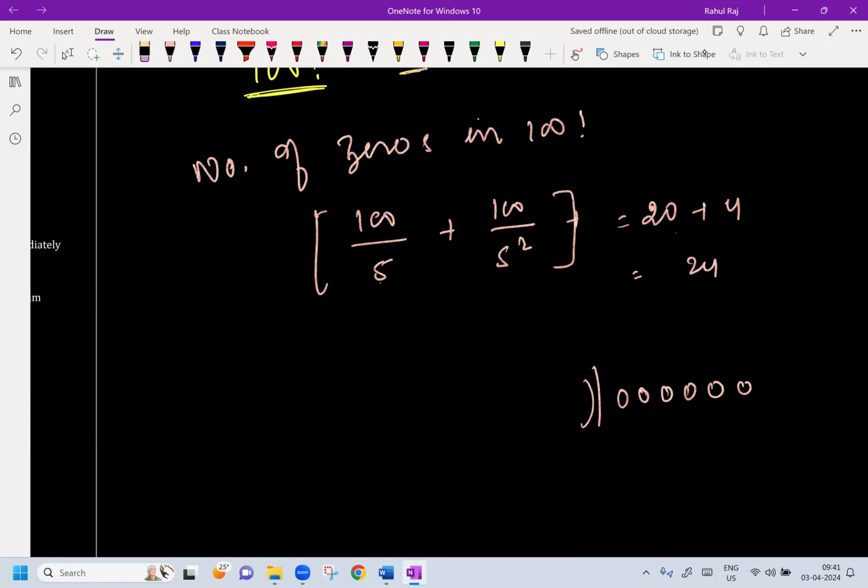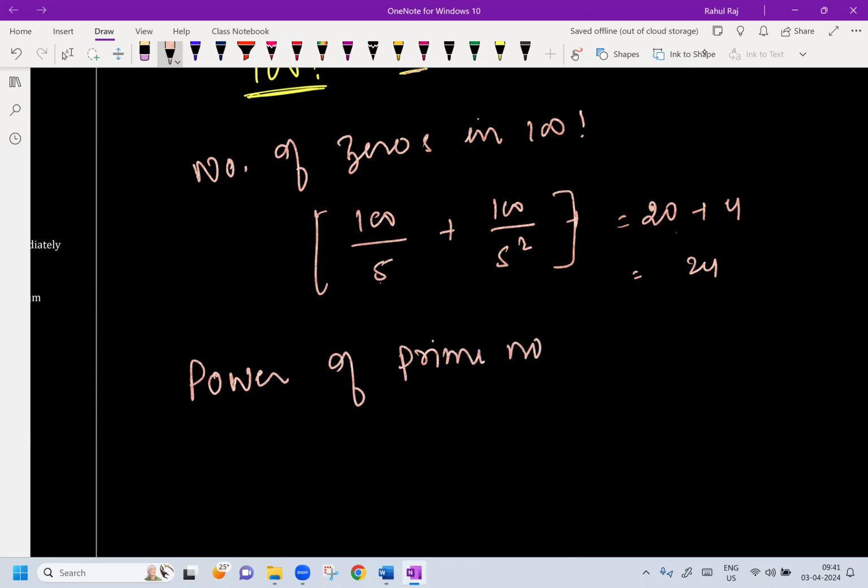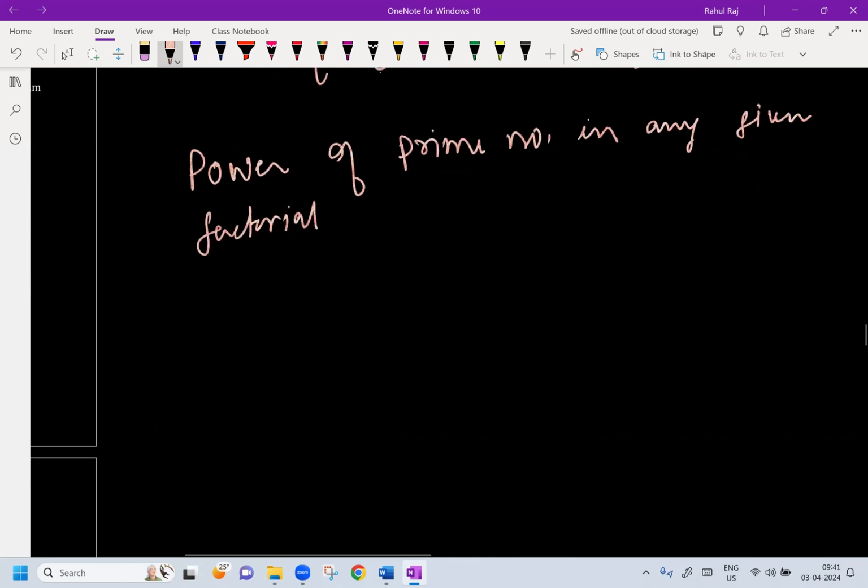But the actual rule is: power of prime numbers in any given factorial. Only prime numbers. So imagine there's 100 factorial given to you, right?